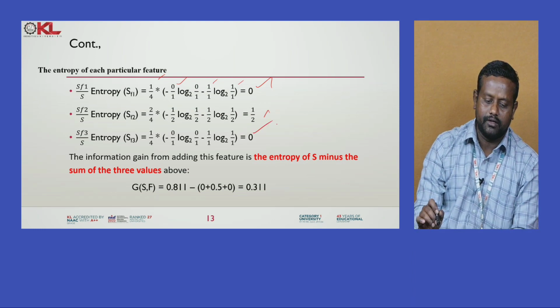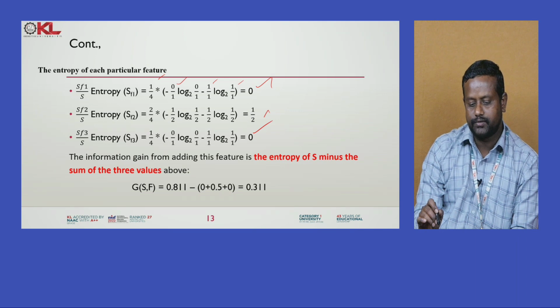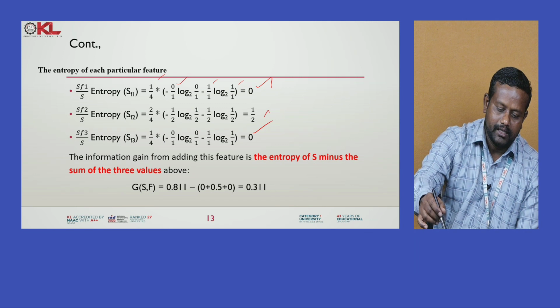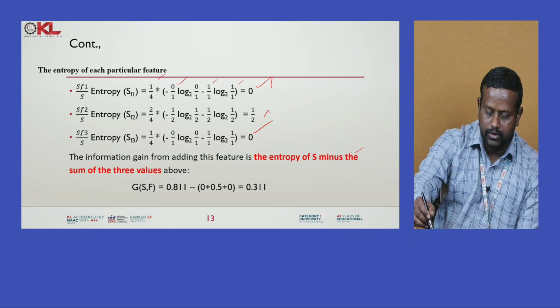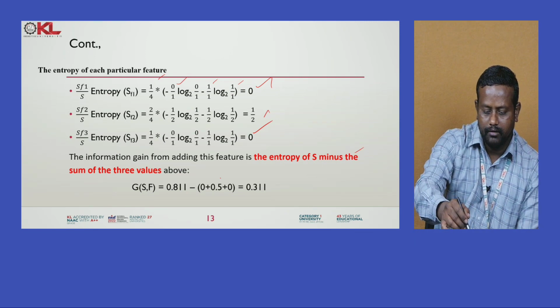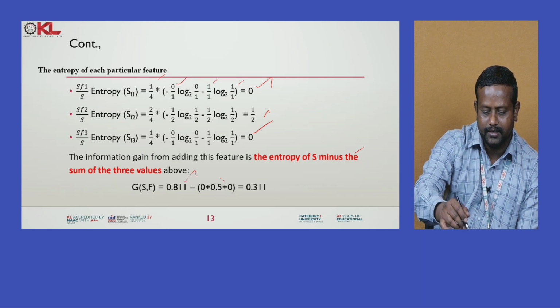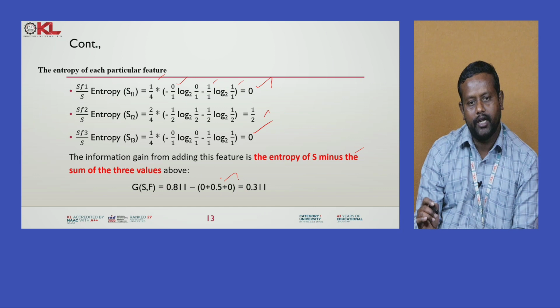So the first feature entropy is 0, the second feature entropy is 1 by 2 and the third one is 0. The information gain from this feature is the entropy of S minus the sum of the 3 values. So this is the whole set entropy value minus each feature entropy value.